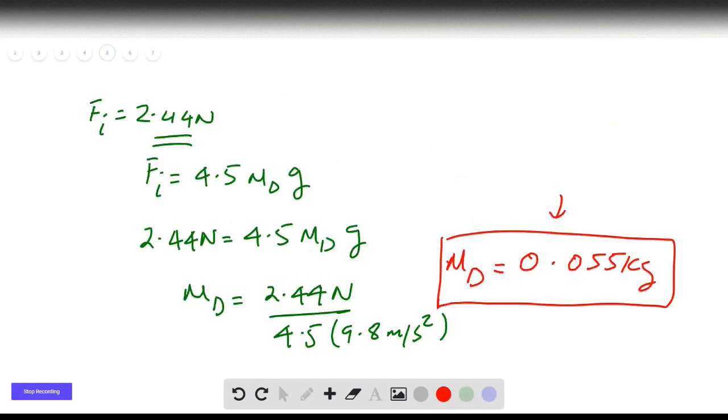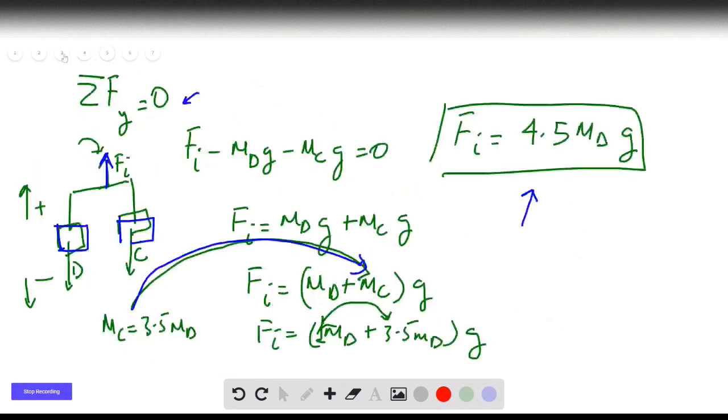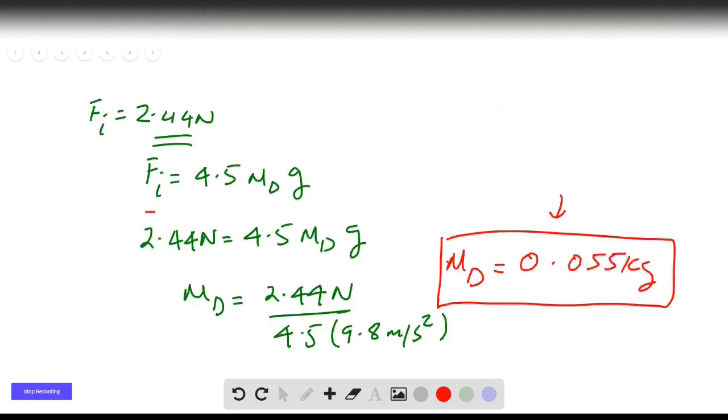Using that force, and the fact that F subscript 1 was equivalent to 4.5 mdg, we plugged in 2.44 newtons and were able to solve for the mass of D, which happens to be 0.055 kilograms.